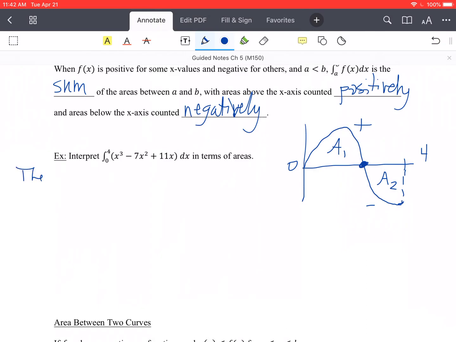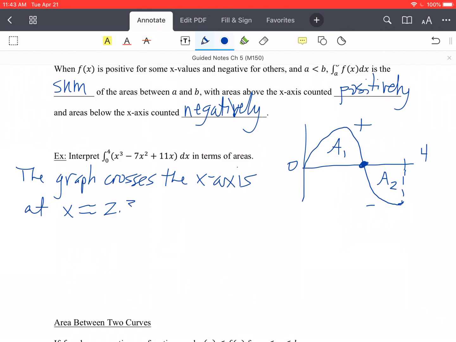So the graph crosses the x-axis at x approximately 2.38. So this value here is about 2.38.